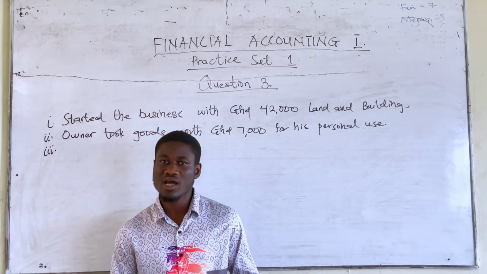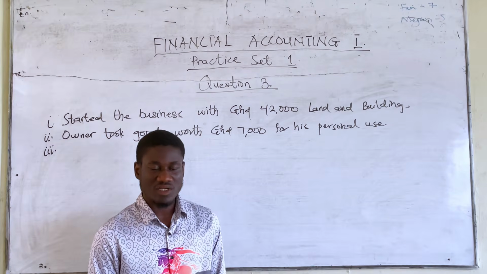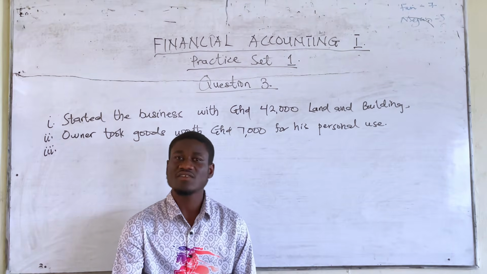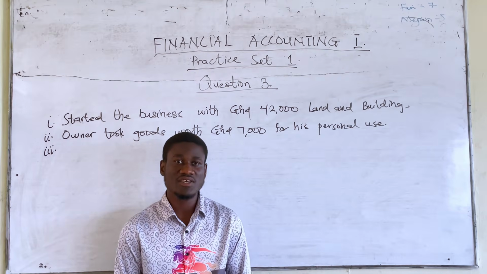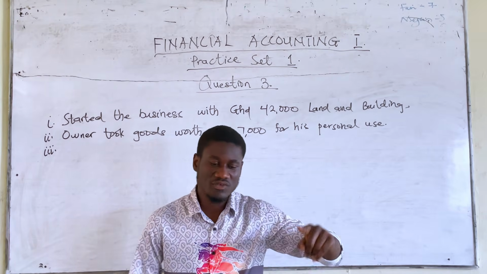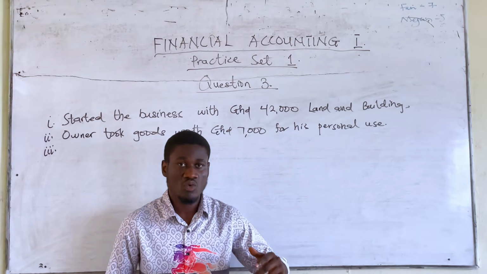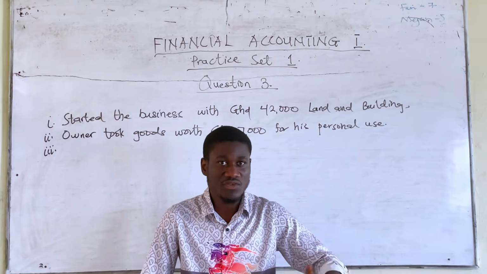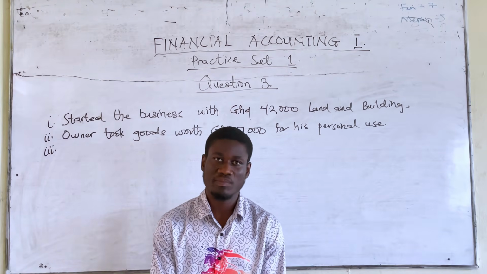So between these two accounts, what is happening here? The question is trying to say that we received a loan to purchase equipment. You get it? Because when we receive a loan, our liability increases, and the question says increase in long-term loan. Now we are owing more. And we received the loan to purchase equipment.